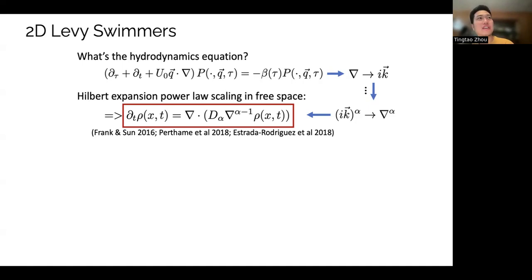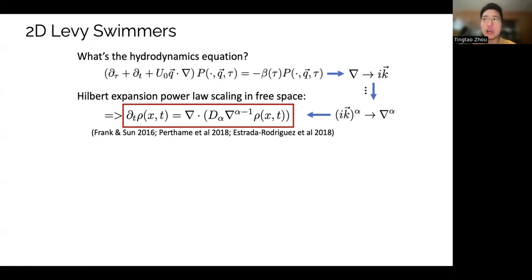So when we do this analysis, we specifically try to confine alpha to be between one and two, for a more physical reason. I have a backup slide I didn't show, because people also studied Levy walks for alpha smaller than one, right? But if you have alpha smaller than one, then it's even more ill conditioned.